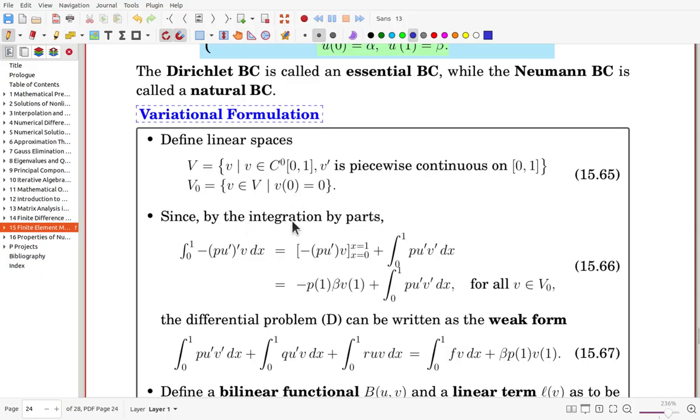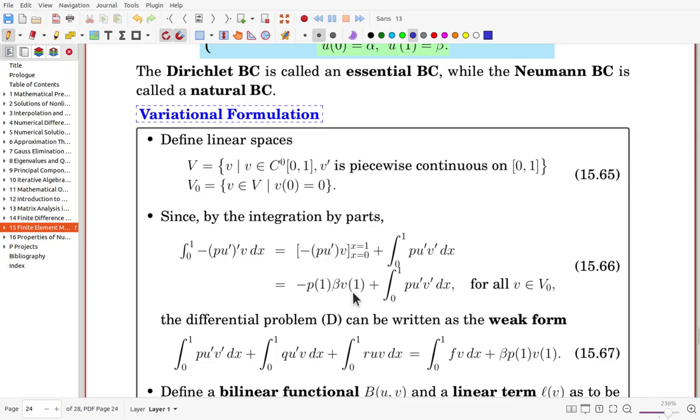Now, if we try to use the integration by parts, we first multiply by a test function, and the test function will be chosen from V0, so that at the left edge point the value is 0. V is chosen from here, so v at 0 must be 0. After multiplication, we apply the integration by parts, and we have that. At x equals 0, this value is 0.